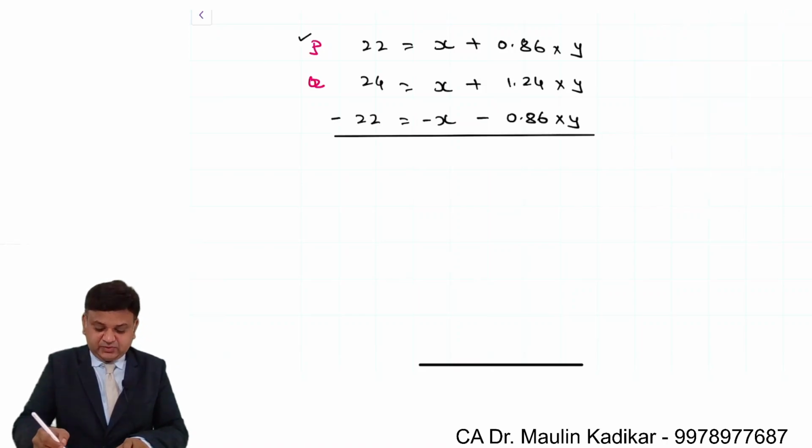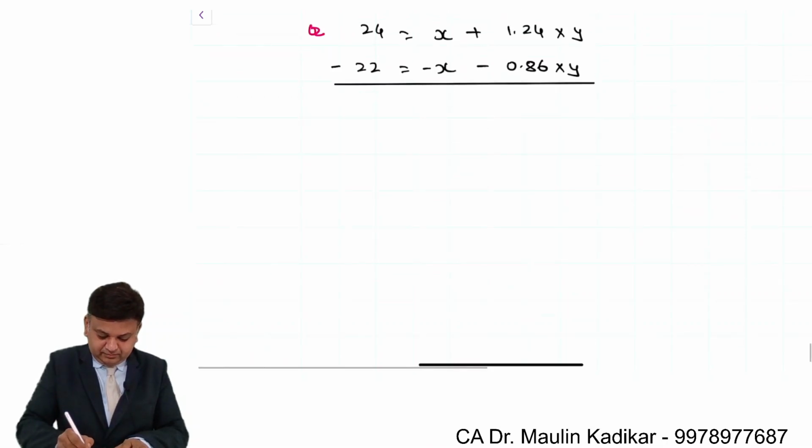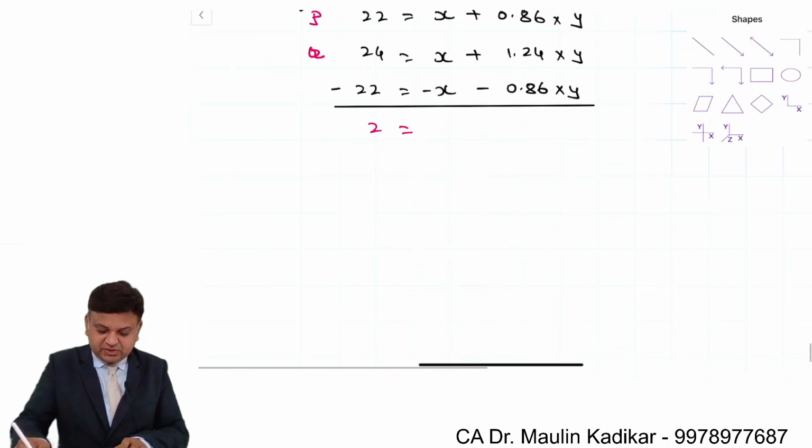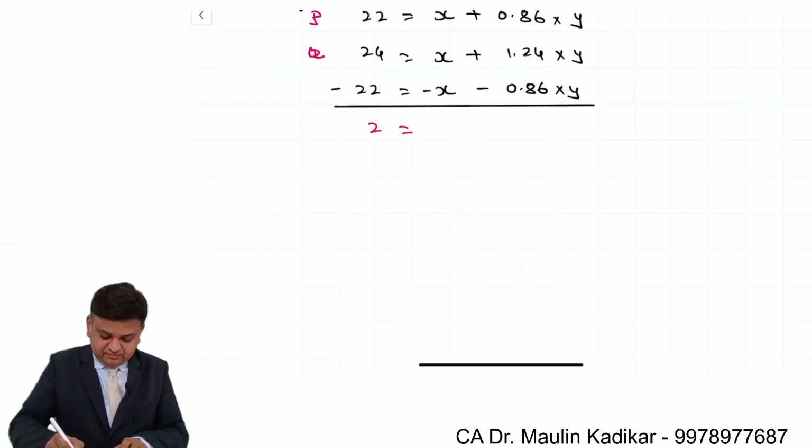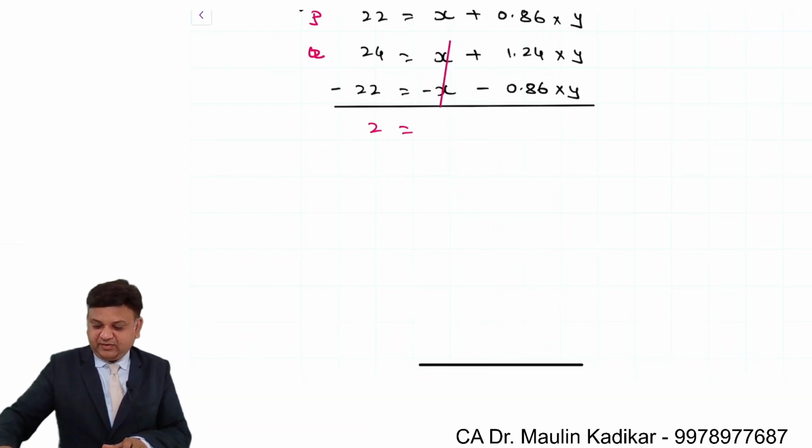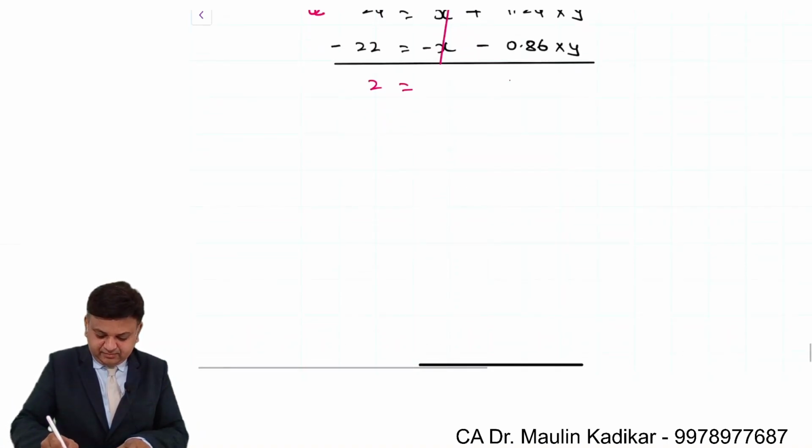So 24 minus 22 is 2. X positive, X negative is cancelled. Then 1.24 minus 0.86, that comes to 0.38Y.